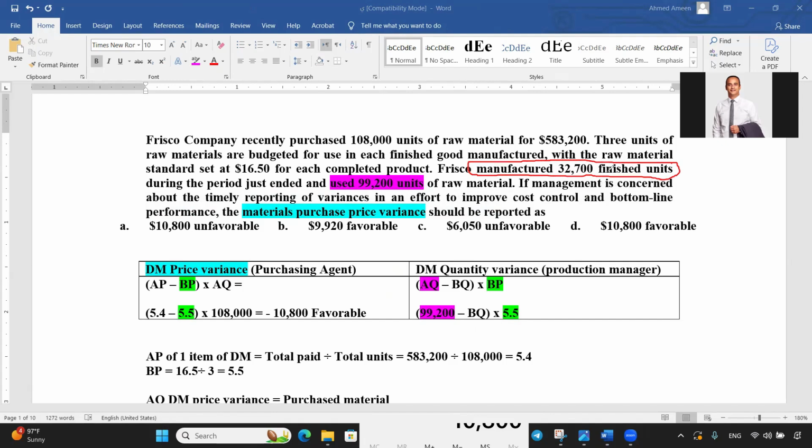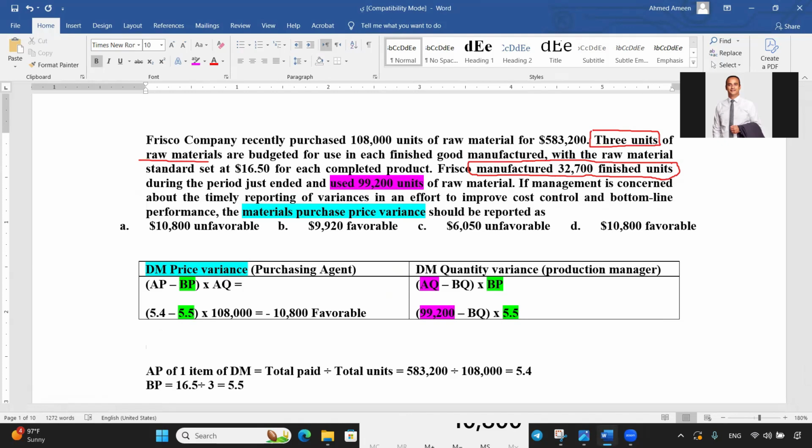Each one of them needs 3 units of raw material. So if I need to reach the budgeted quantity, which means the quantity of direct material needed to produce the finished goods, the budgeted quantity means direct material needed to produce the actual output.